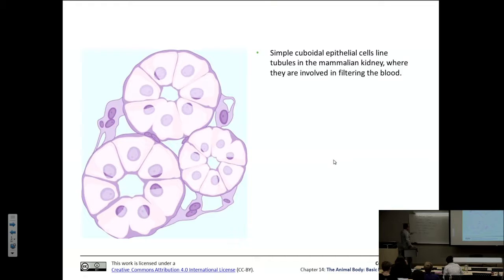So you know that what endocrine glands make are hormones. What's the name of the master gland, as they call it, that's in your head? Pituitary gland. The pancreas is also an endocrine gland, so it's both exocrine and endocrine.